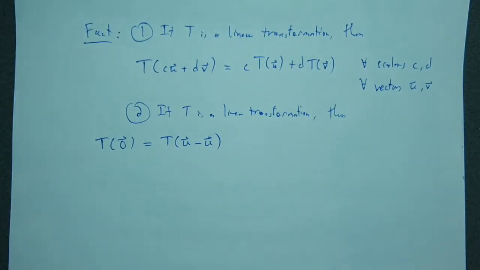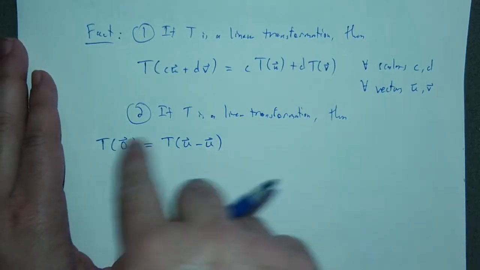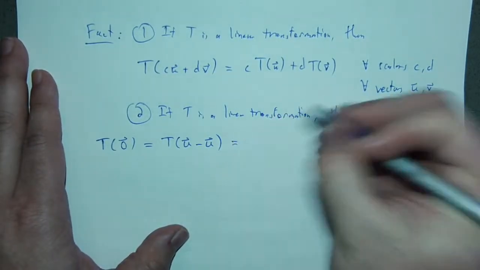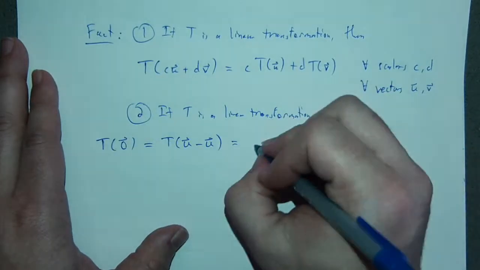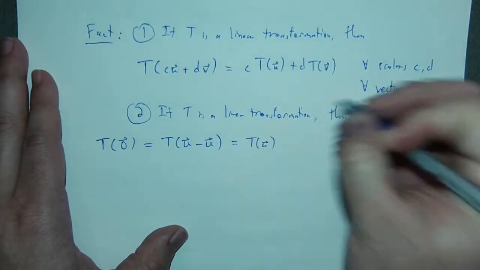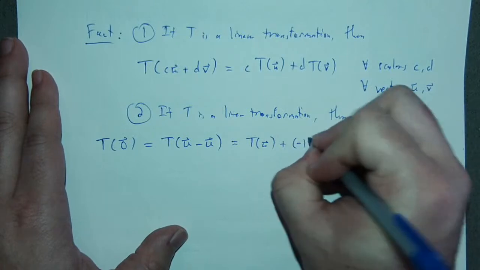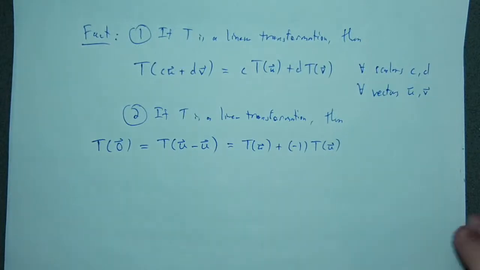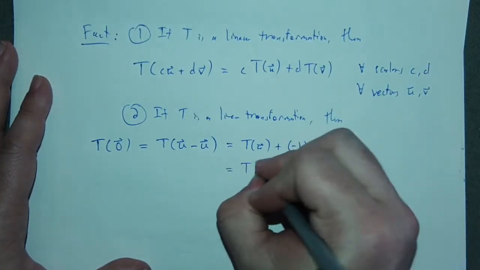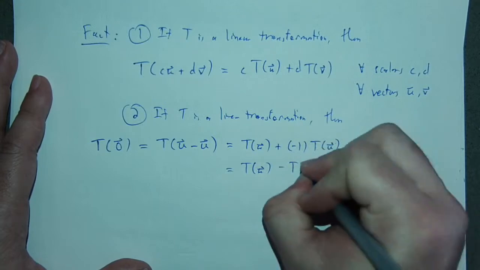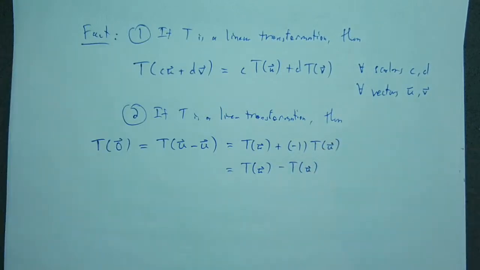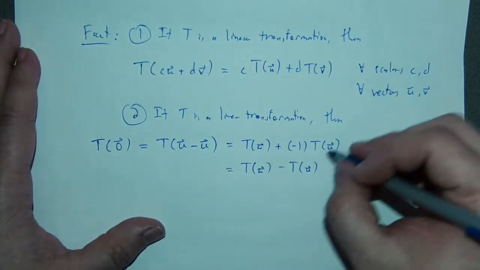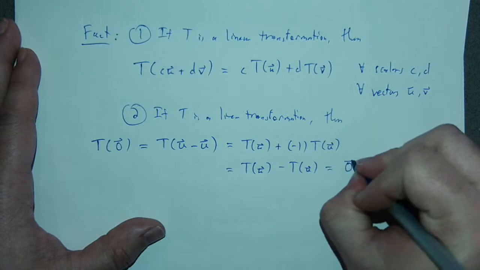Because any vector minus itself is the zero vector. So T of U minus U is the same thing as T of the zero vector. But by this fact here, this is T of U plus minus 1 times T of U, i.e., this is T of U minus T of U. But what's T of U minus T of U? This is the zero vector.